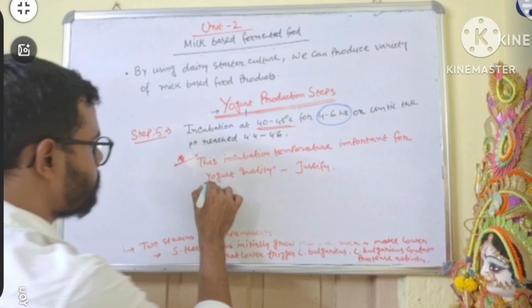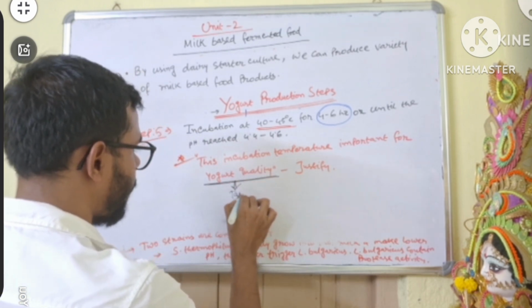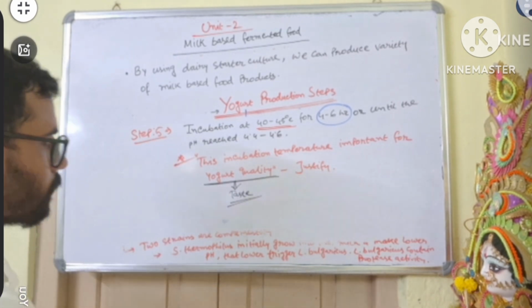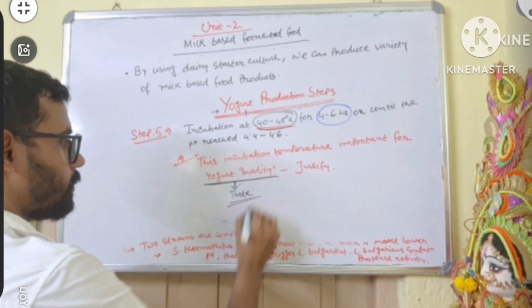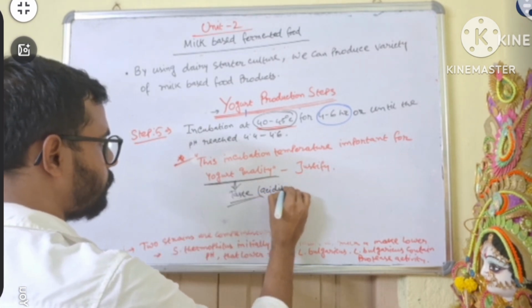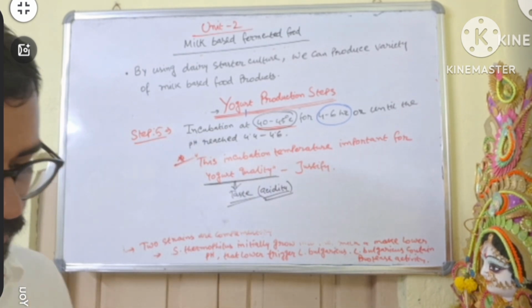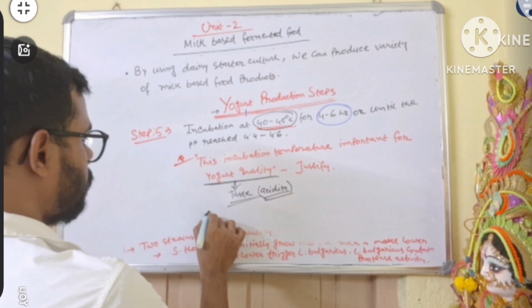Yogurt quality means the taste. Actually, it is important for the taste. That means acidity is ultimately the factor. Why?